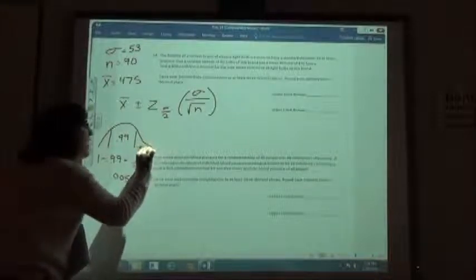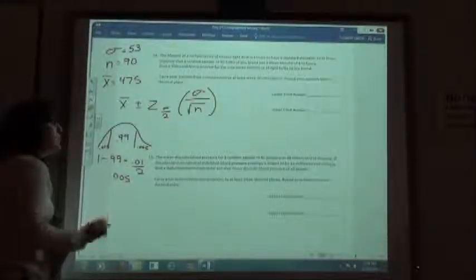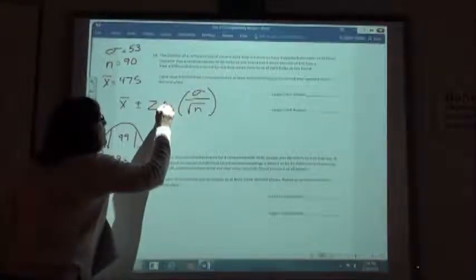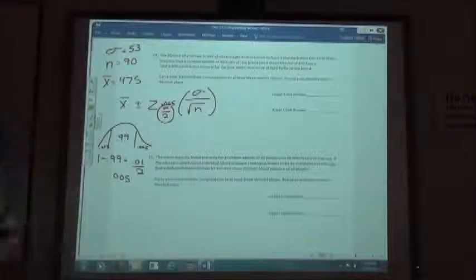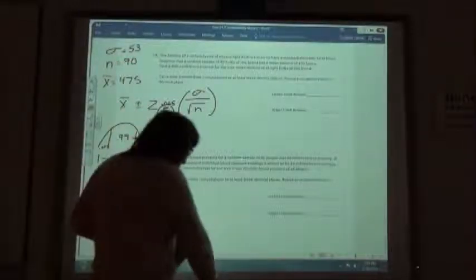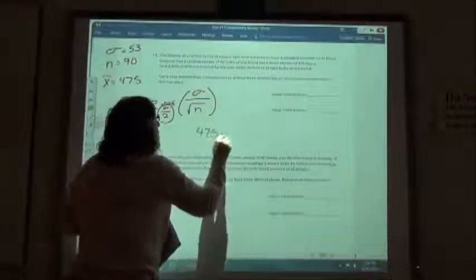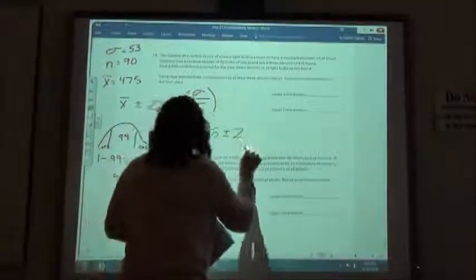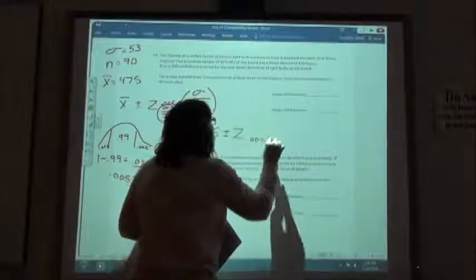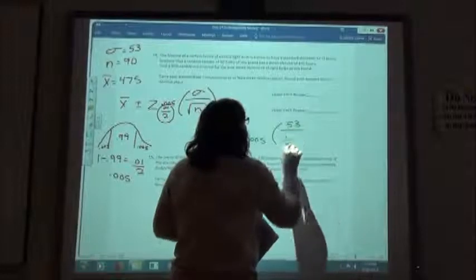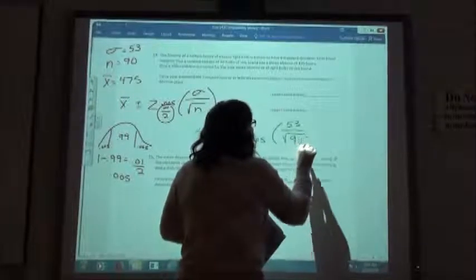So 0.005 here, 0.005 is also over there, but that's the number we're going to use in our Z sub. So our formula: X bar, 475, plus or minus Z sub 0.005 times standard deviation 53 over the square root of N, which is 90.